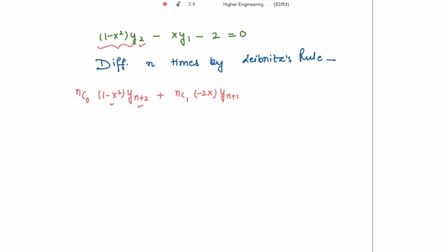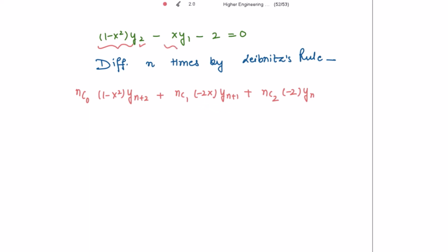Just one step back. If it is n plus 1, then we further write n. So plus nc2, and then differentiating this, we get minus 2, and for this I write yn, right?